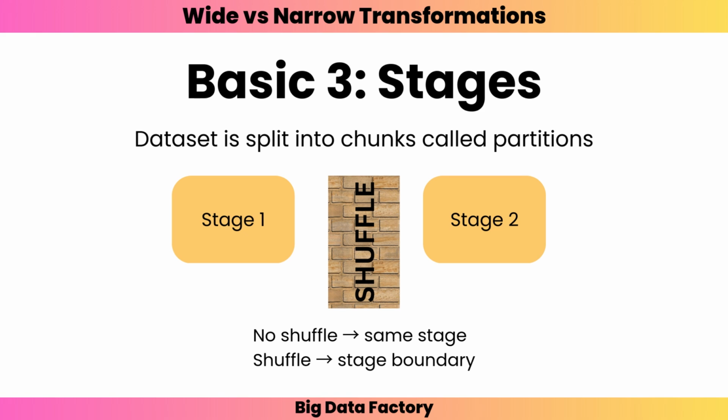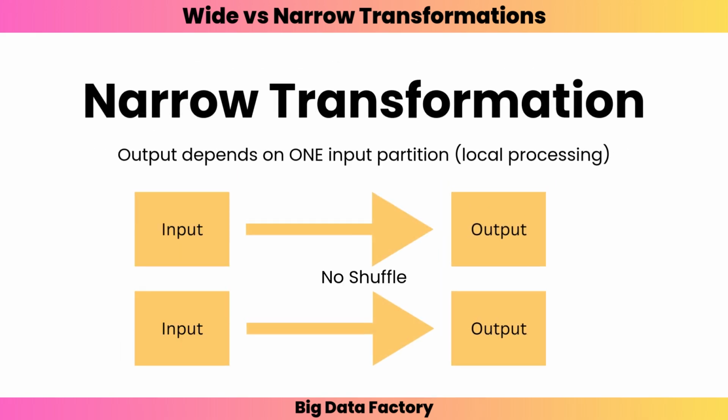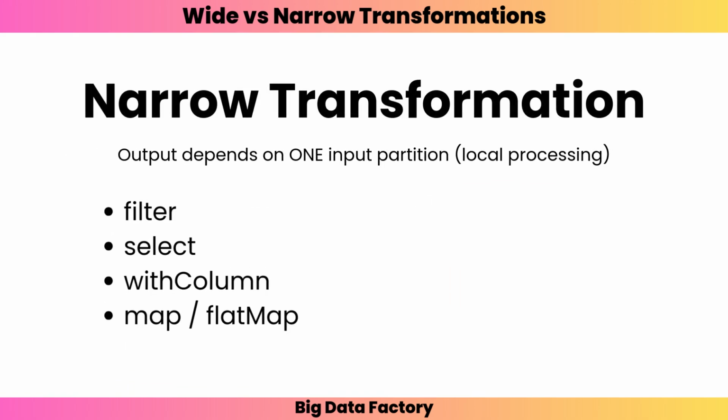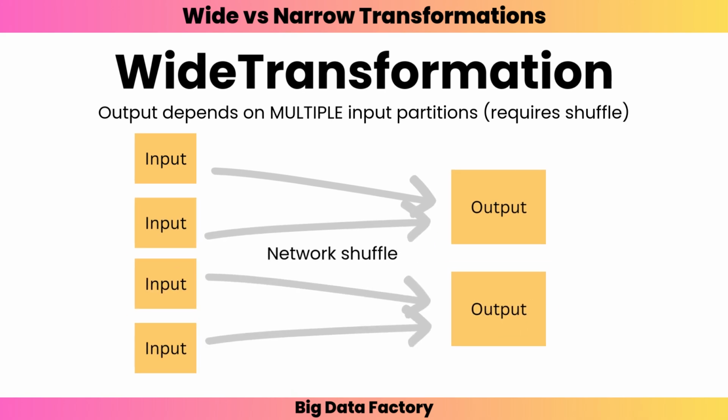Now let's define it cleanly. A narrow transformation means each output partition depends on only one input partition. In simple words, data can be processed locally without moving across the network. Examples in Spark include things like filter, select, withColumn, map, flatMap. They feel cheap because Spark can pipeline them. Wide transformation. A wide transformation means an output partition depends on multiple input partitions.